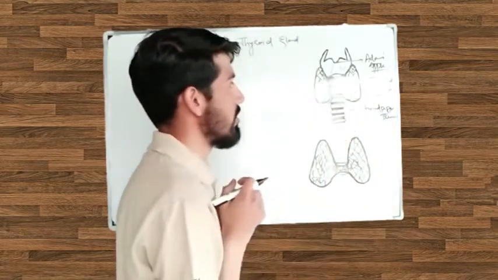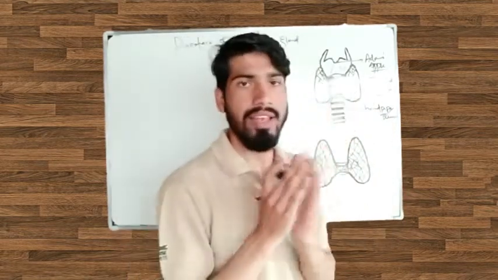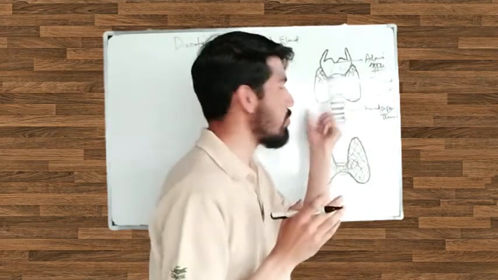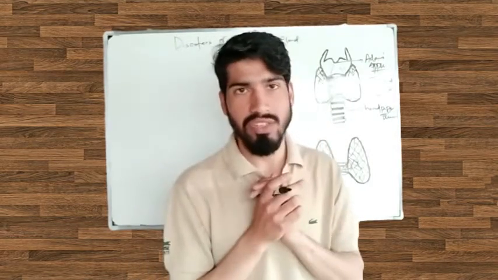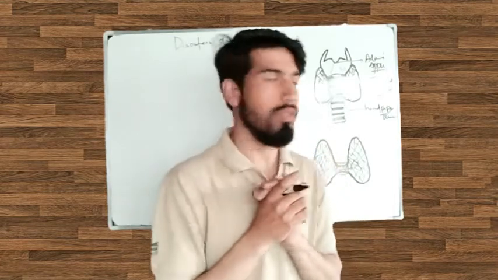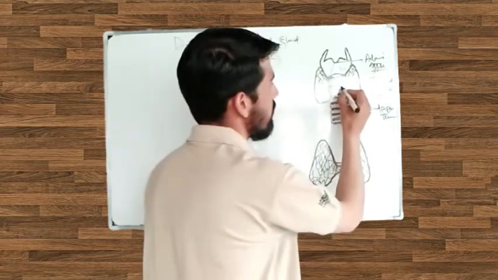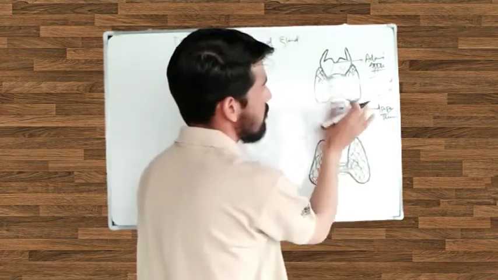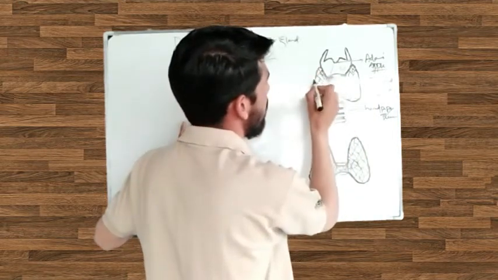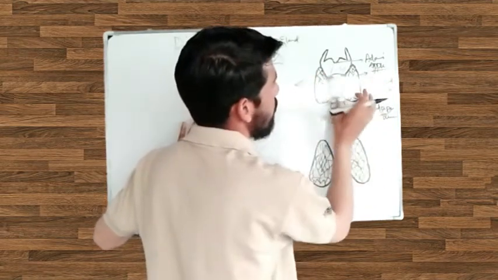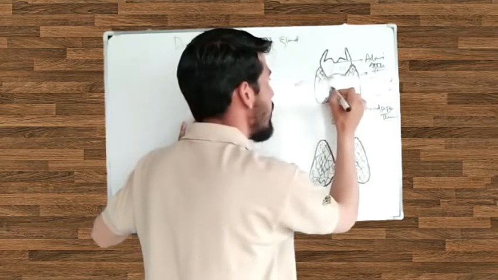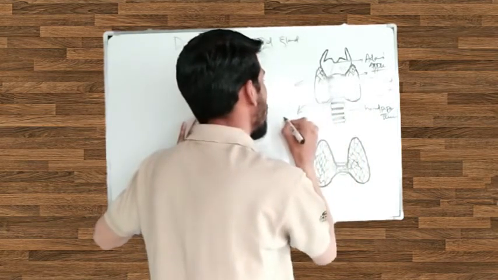This bilobed, butterfly-like structure has two lobes, and these two lobes are connected by a bridge-like structure called the isthmus.